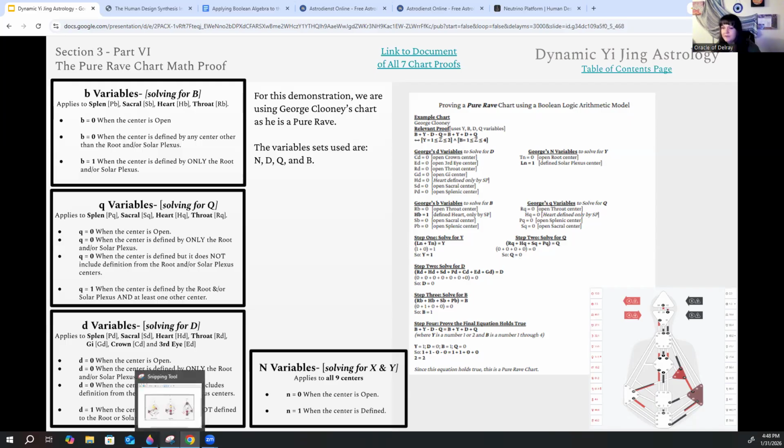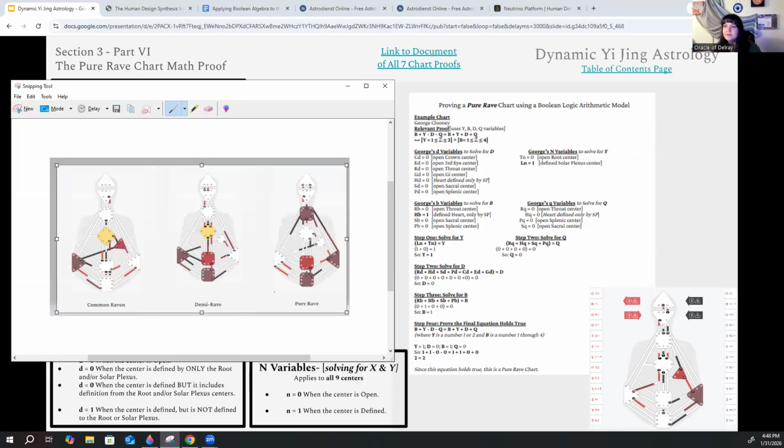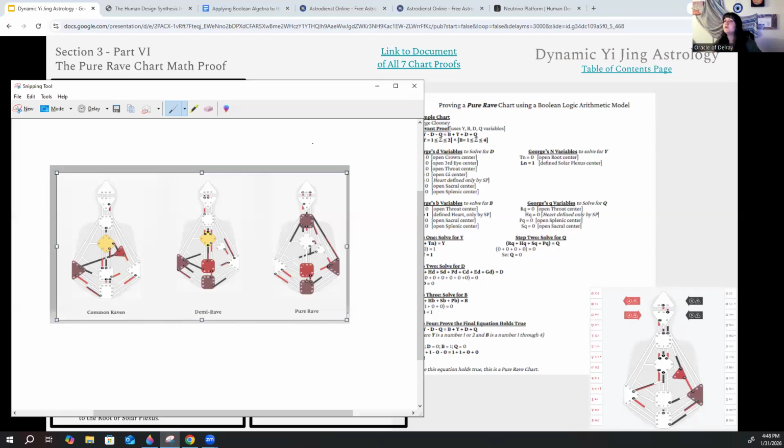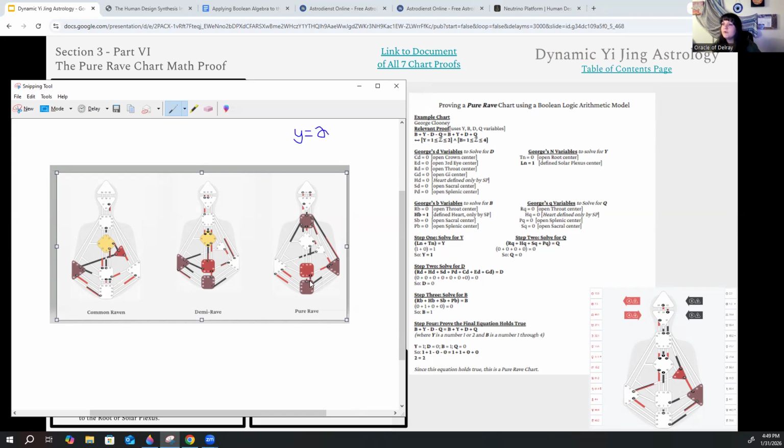My nephew is a different kind of pure wave, and I have his chart right here. My nephew's y is 2 because he has both the solar plexus and the root defined, and his b is 2.